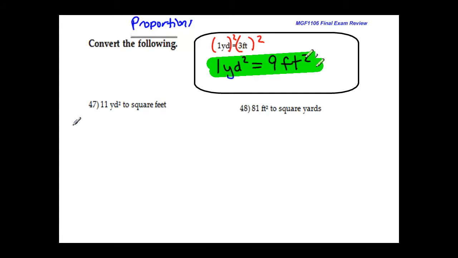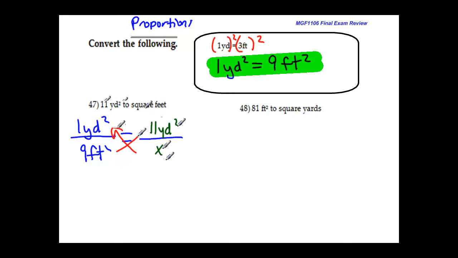For proportions, it does not matter on your first step which one you decide to put on top. But whatever you choose, that is how it has to continue. So I've chosen to put 1 yard squared over 9 feet squared. So the 11 yards squared has to go in the numerator. We want squared feet, which has to be in the denominator.